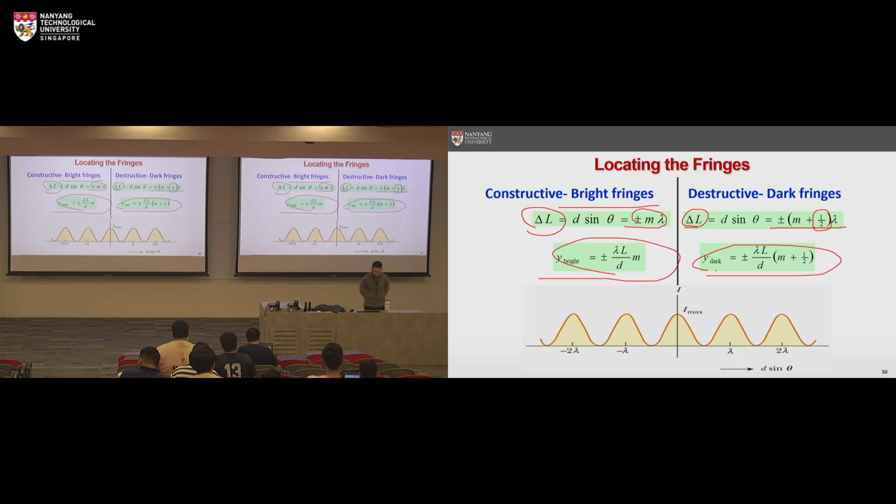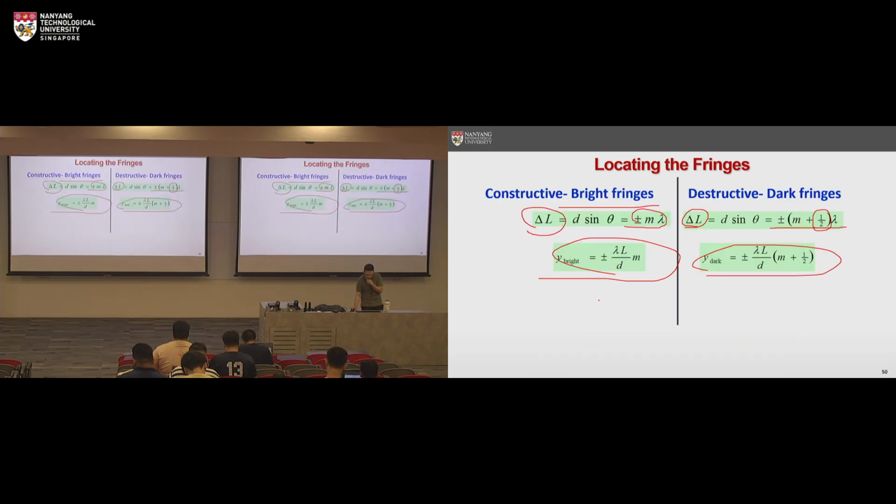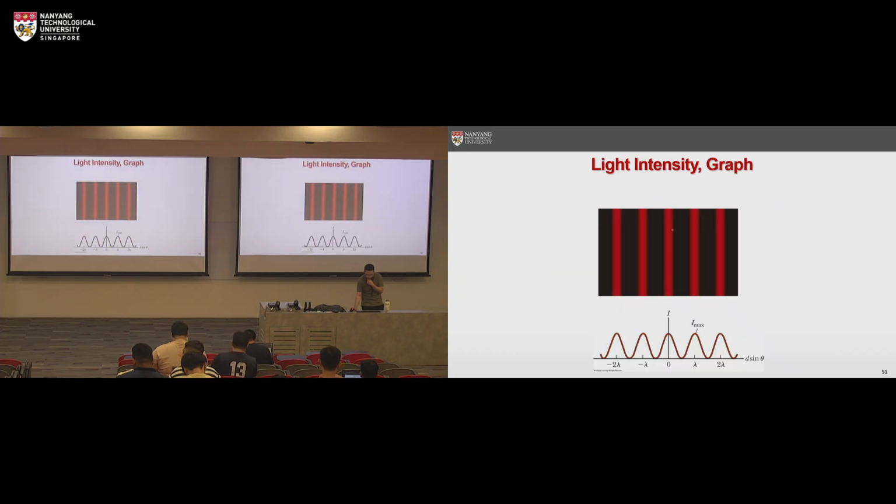Many students in the end will be very confused about the definition of y. So y is the distance from the center to where you find the fringe on the screen. Let's say this is the result you see on the screen, and this is 0. This is called y1, and this distance is called y2.